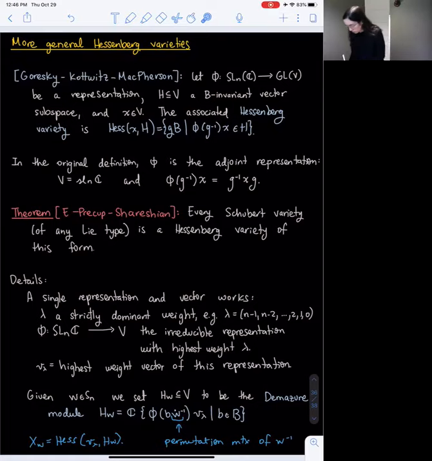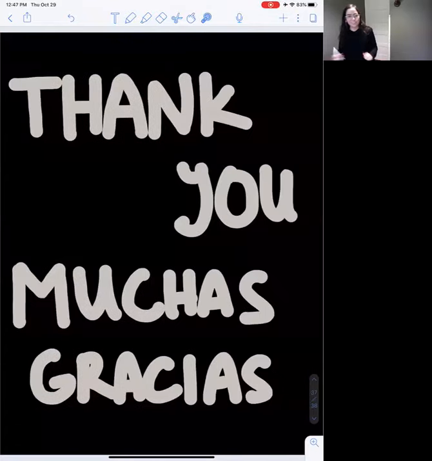And from what I told you about Schubert varieties, the Bruhat order is basically what you need to understand. So the facts that are known about the Demazure module make this work very nicely. The Demazure module behaves extremely nicely with respect to Bruhat. But yeah, that is all I have to say. So thank you.